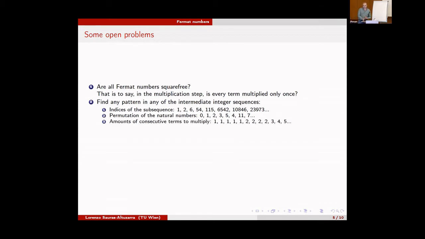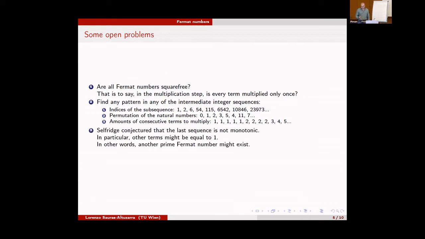And in the last one, of the amounts of consecutive terms to multiply, only these terms are known so far. So apparently it looks monotonic so far, but Selfridge conjectured that the last sequence is not monotonic.